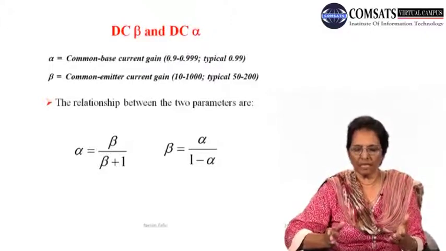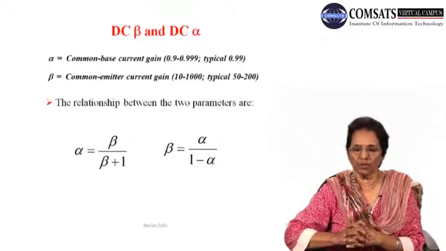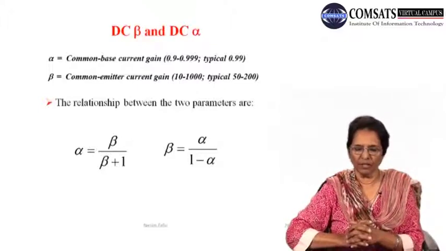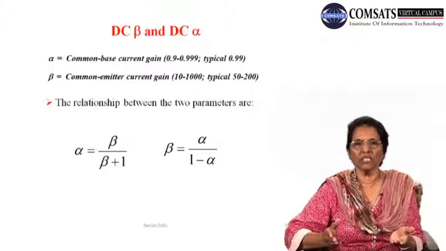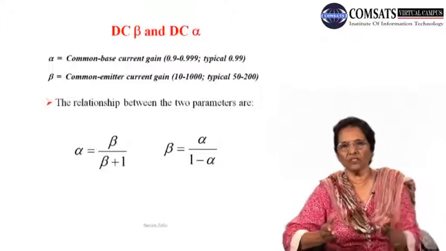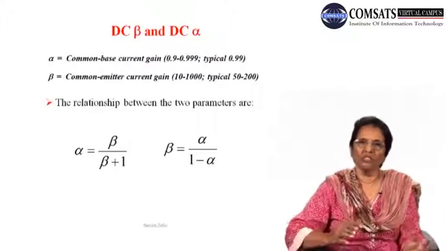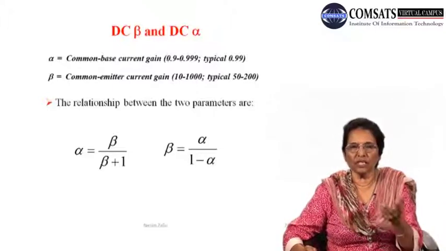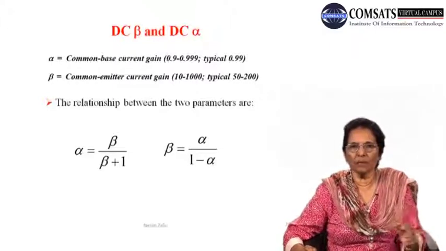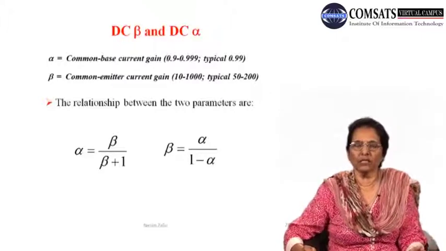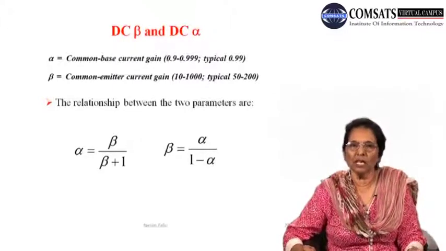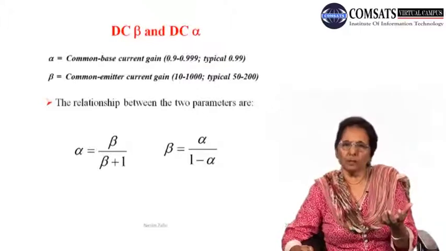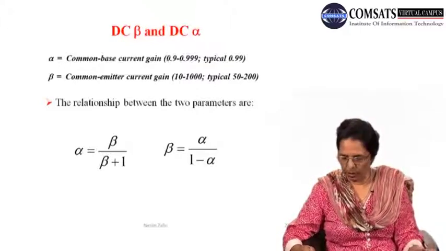Therefore we can obtain a relationship between the two parameters, that is alpha and beta, and I give you the relationship between alpha as a function of beta and beta in terms of alpha. So these two parameters are interdependent, interrelated, because you can calculate the magnitude of current IC by choosing appropriate input, whether it is IB or IE.